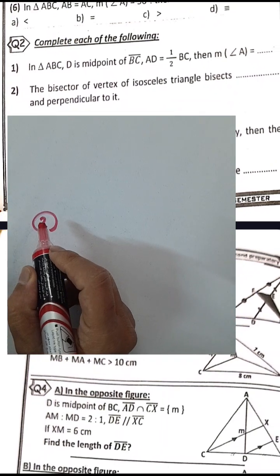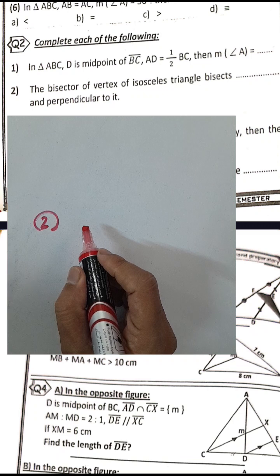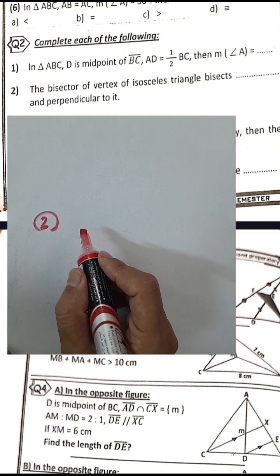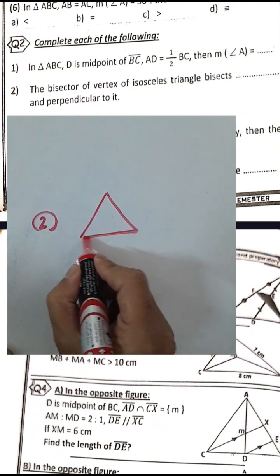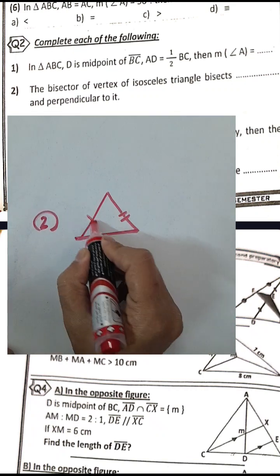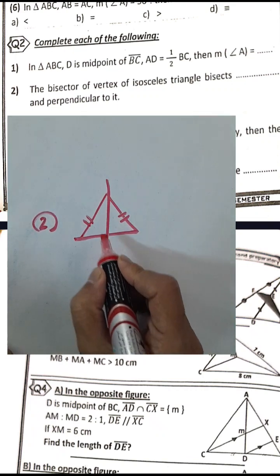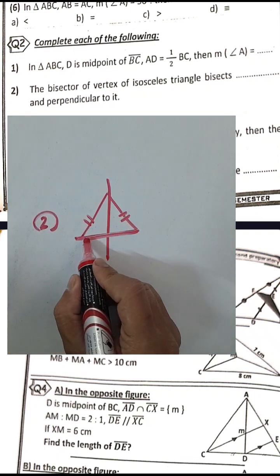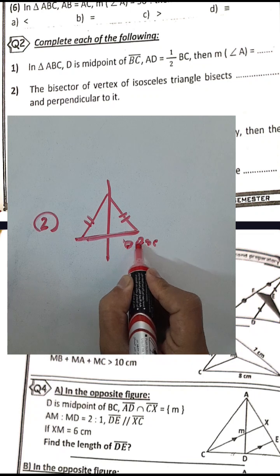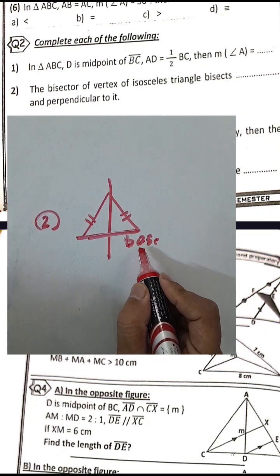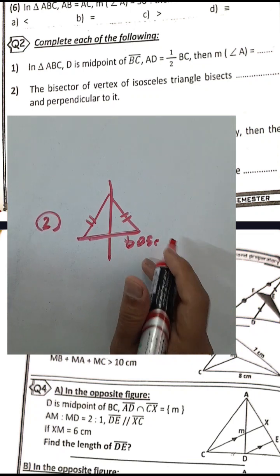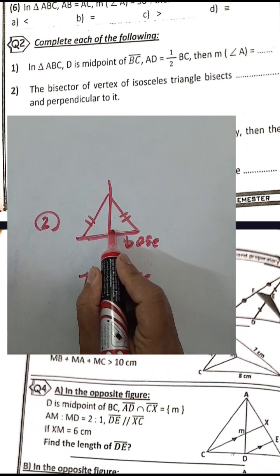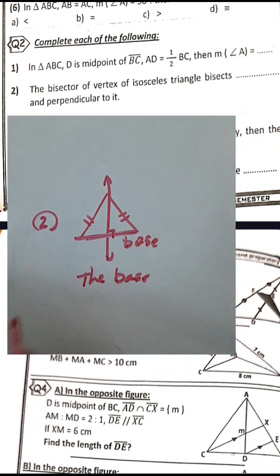Question number 2. The bisector of the vertex angle of an isosceles triangle bisects the base and is perpendicular to it. We have a triangle here, an isosceles triangle. The bisector in an isosceles triangle bisects the base and is perpendicular to it.